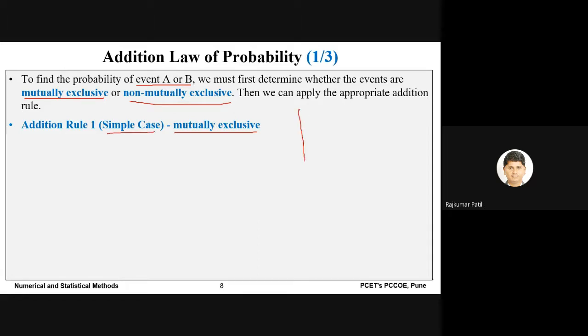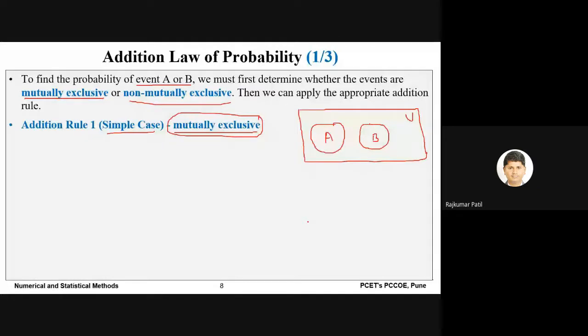For example, consider a state space, let's say universe U, and consider two events, event A and another event, event B. Some common space or overlapping between these two events.